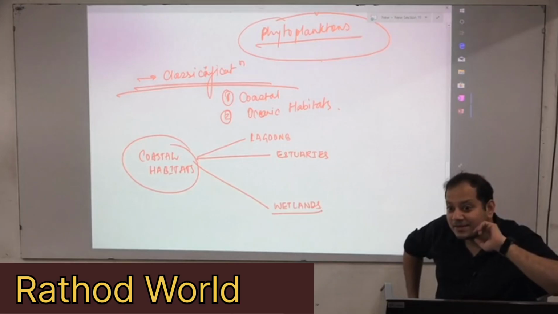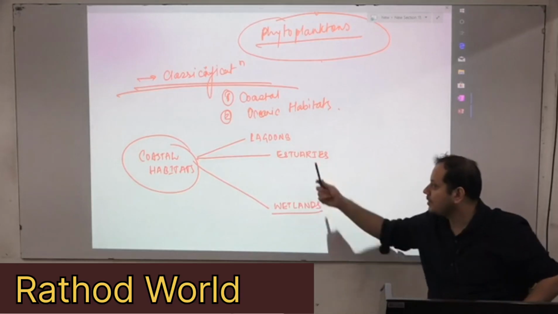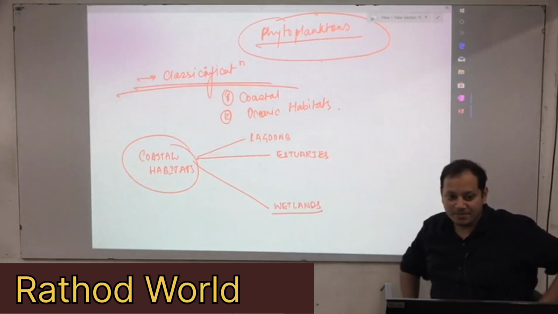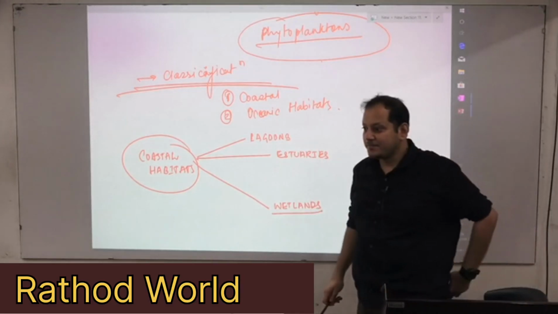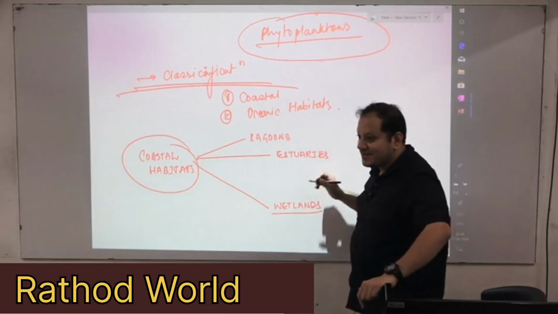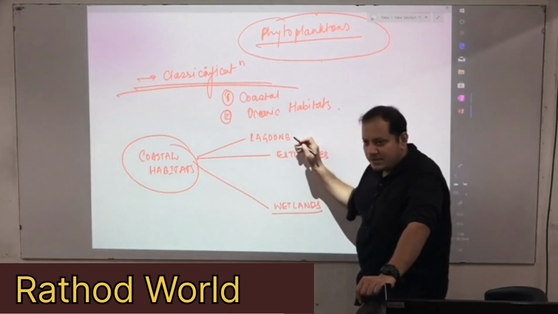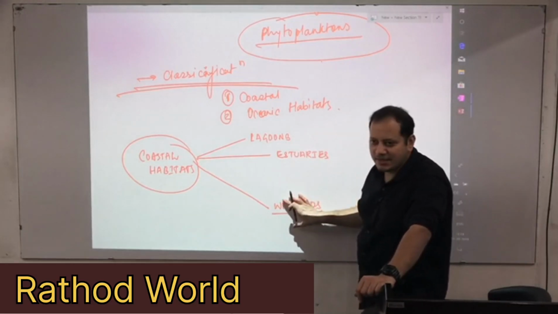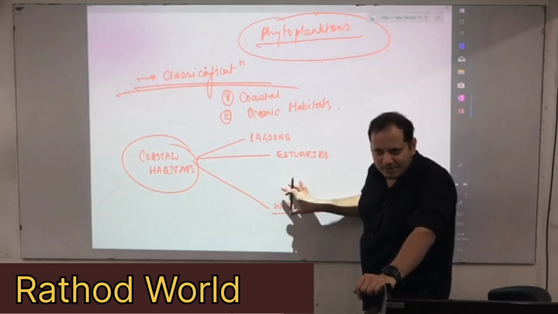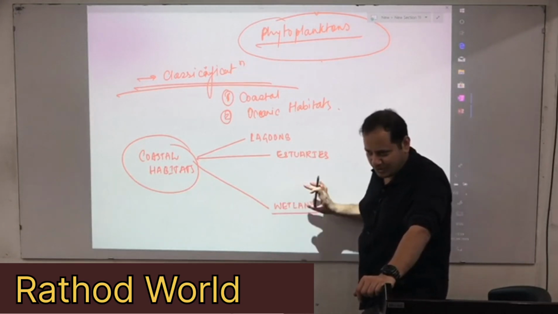Not necessarily. So what is it? Lagoon and estuary can both be wetlands. Wetland is any zone where there is a presence of water or moisture.